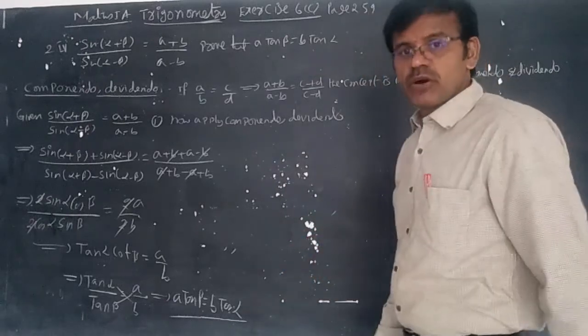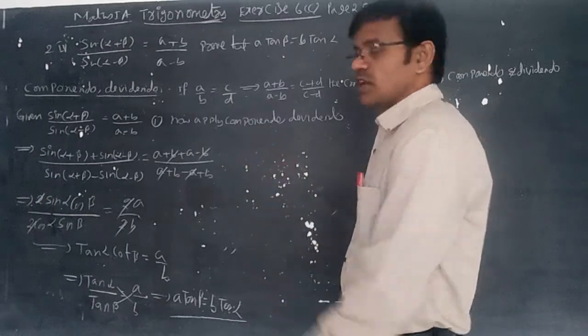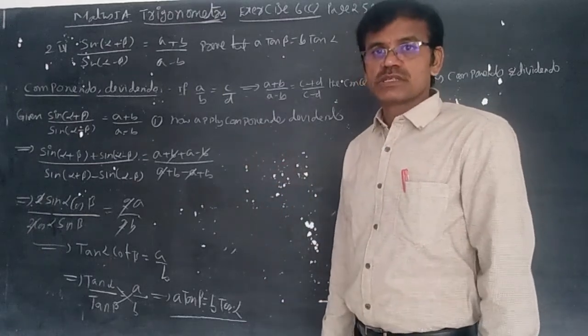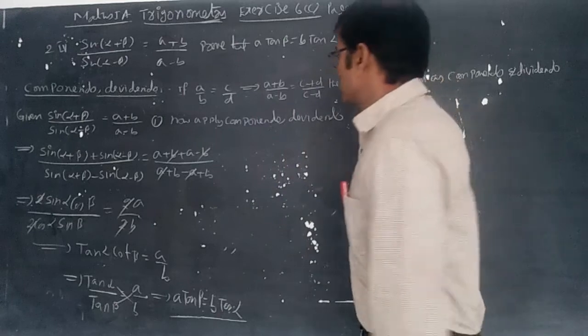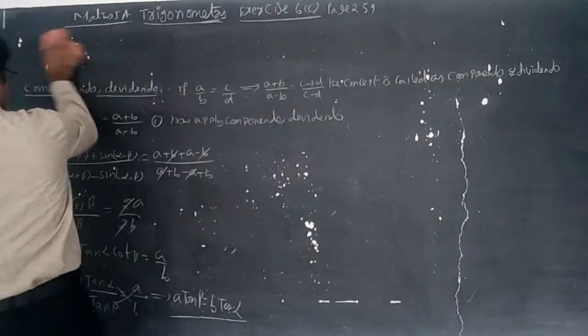Now we have completed Roman number 2 questions, page number 215 and exercise 6C. Let us discuss Roman number 3 on the same page, same exercise.